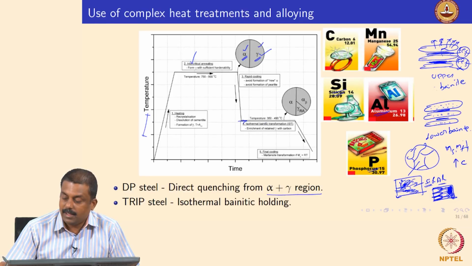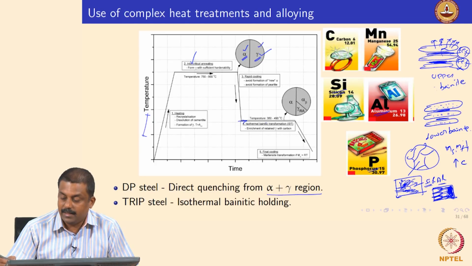So, upon sufficient enrichment there is also an incomplete bainite transformation because the austenite is now stabilized. Because of the partitioning of carbon from the bainitic ferrite, and upon sufficient enrichment, the bainite transformation would not progress.